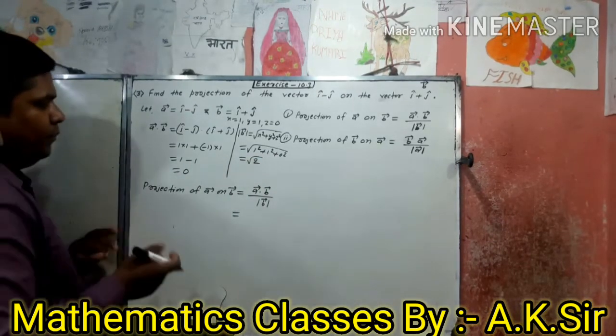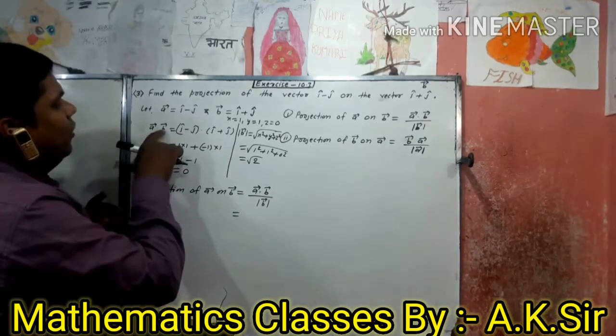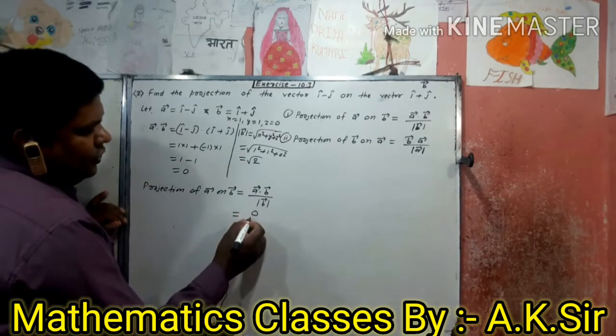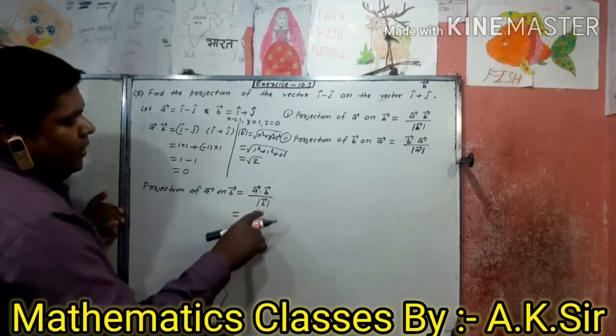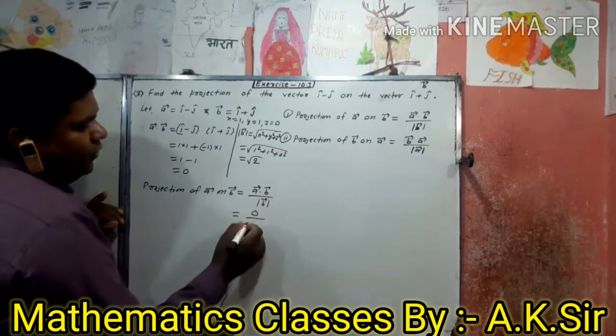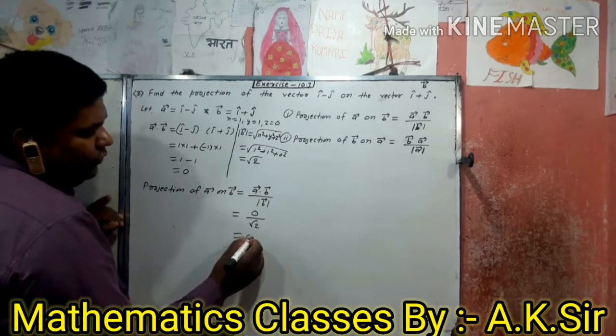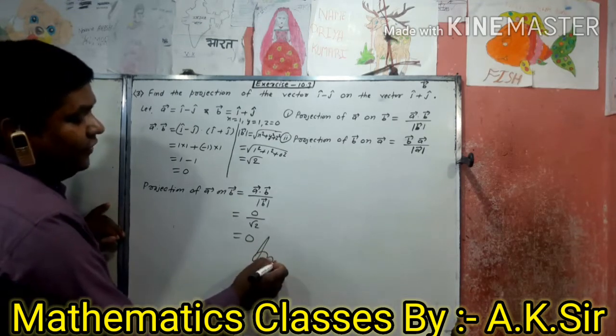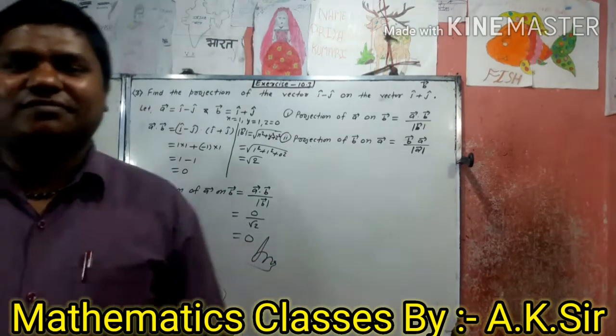Now we put the value of A vector dot B vector as 0, and magnitude of B vector as under root 2, so it is equal to 0. This is our answer.